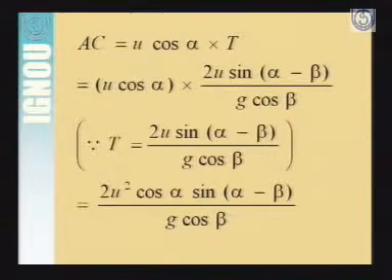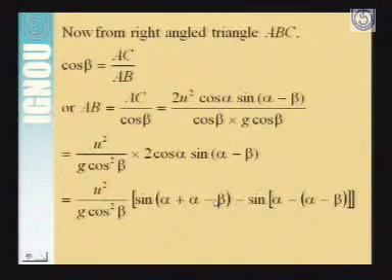So AC is equal to u cos alpha into T, where T is the time of flight. We have already got the expression for the time of flight, 2u sin(alpha minus beta) by g cos beta. Substituting the value of T in this expression, we get AC equal to 2u square cos alpha sin(alpha minus beta) by g cos beta.